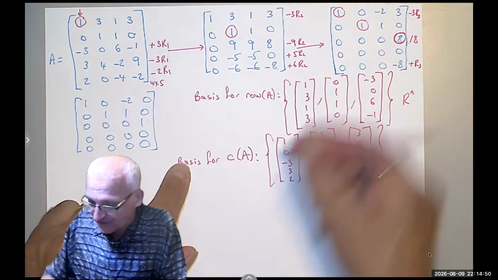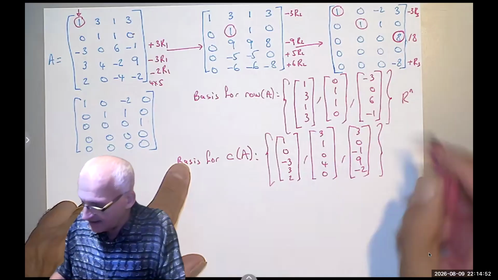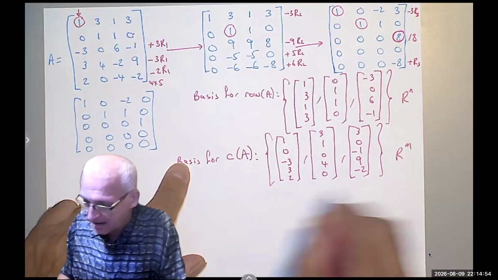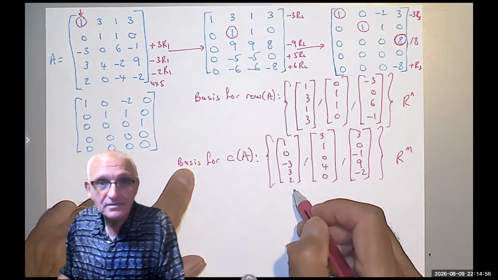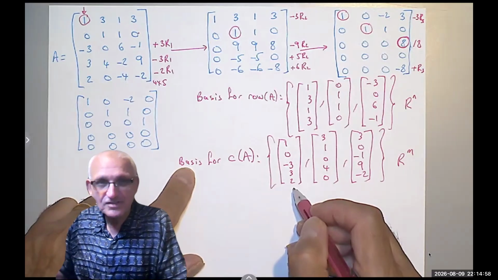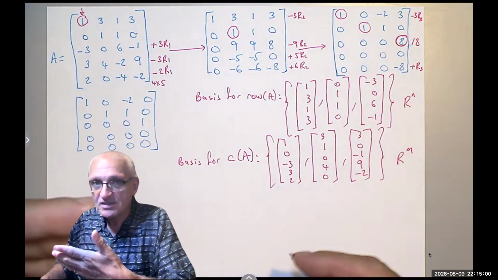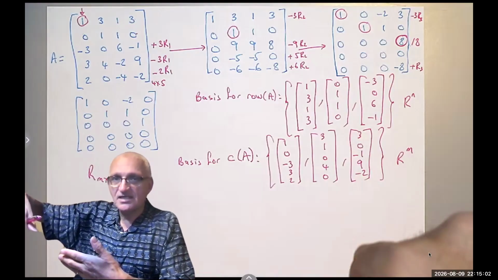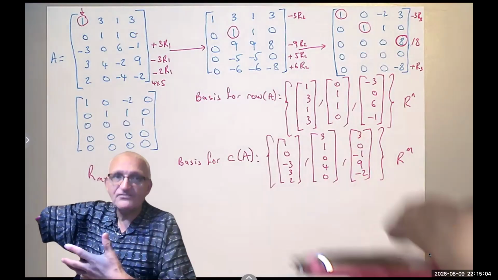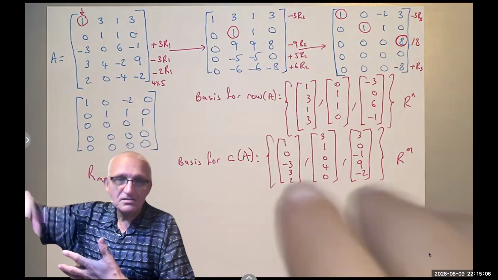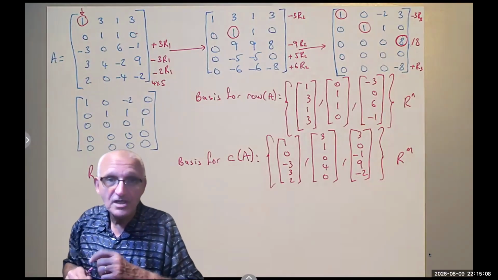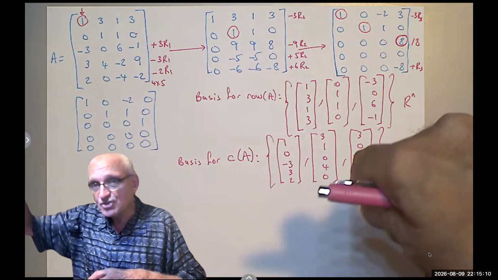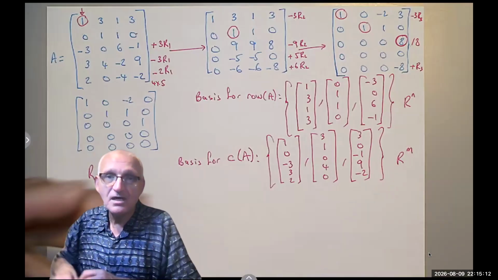And the basis for the column of A lives in Rm, which is 5, the number of rows. So it's like backwards. I have 5 rows, so the columns live in R5, and I have 4 columns, so the rows live in R4.